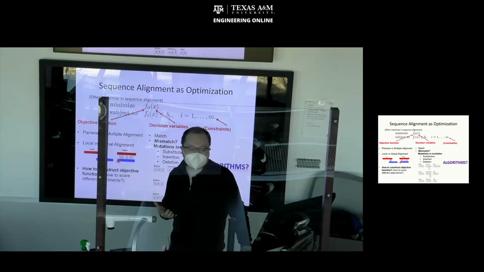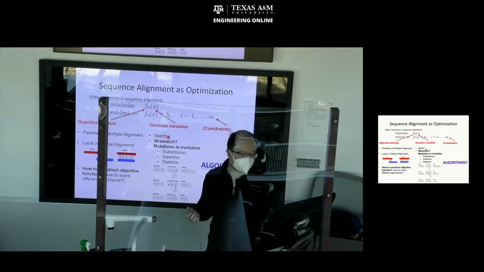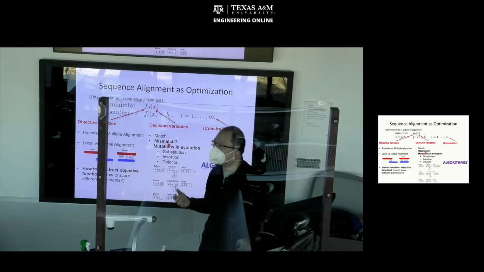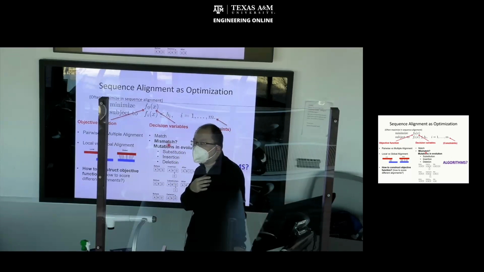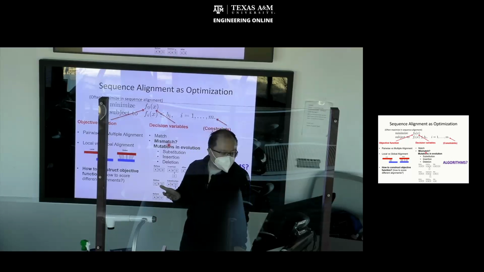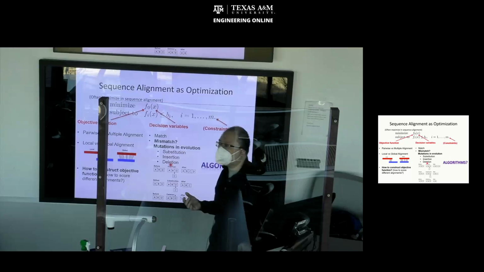I use one very simple approach: whenever there is a match, it's 1, and whenever there's a mismatch, that's 0. But you have to ask yourself whether that's optimal at all. If you have no idea how to find the objective function, and you don't know what score to assign to a match versus a substitution versus an insertion versus a deletion, what would you do?